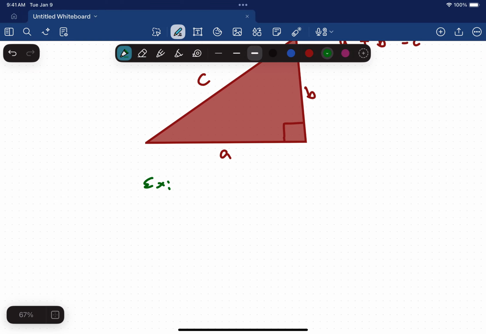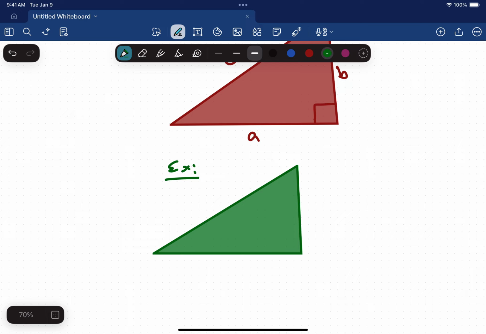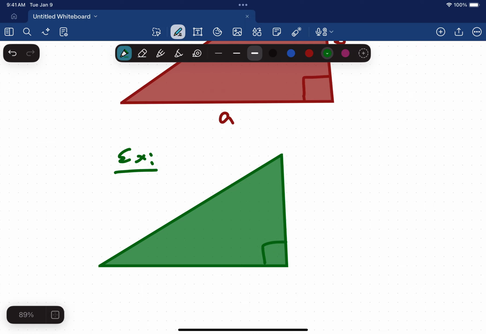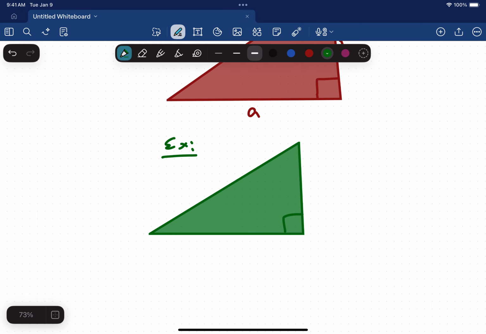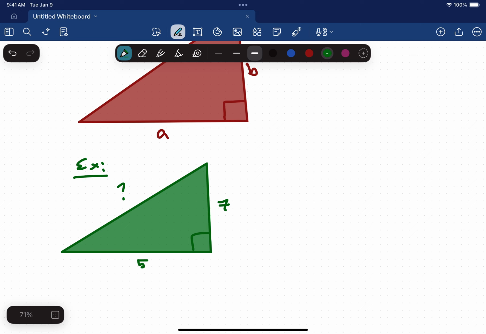Say, for example, you're given a right triangle. That is one of the most perfect triangles I've ever made, by the way. And you are given 5 and 7. And you are trying to find the hypotenuse of this right triangle.